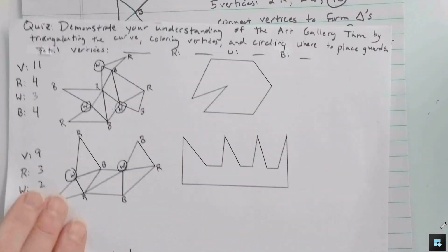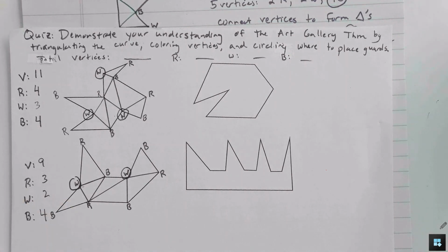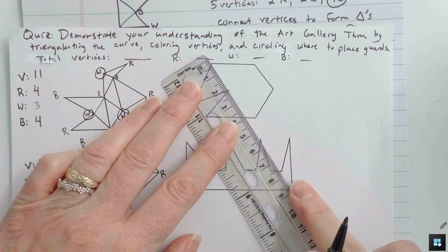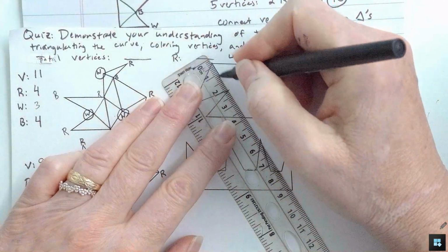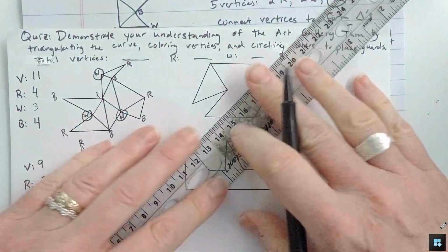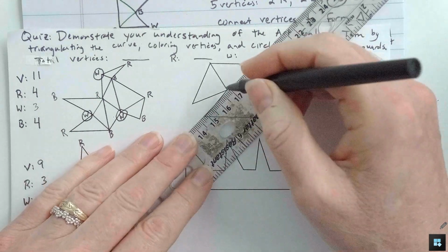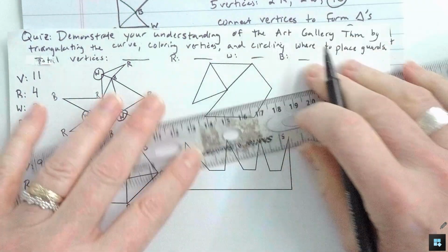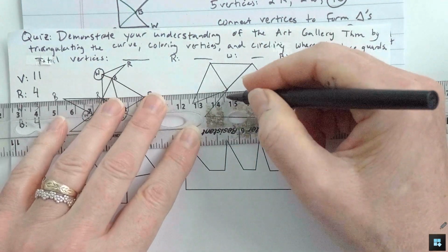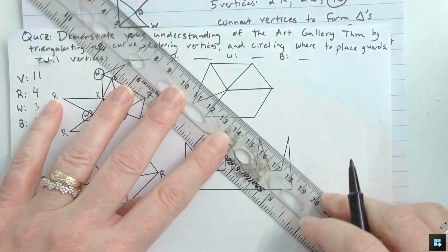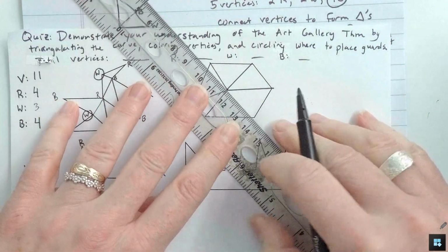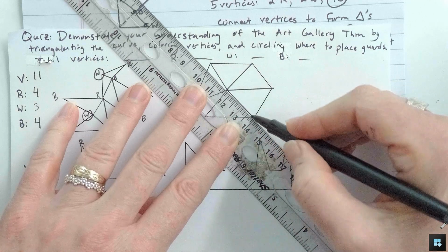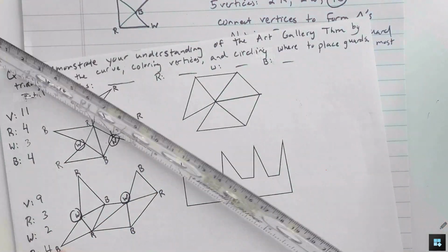I'll just go ahead and sketch these out. So just keep connecting vertices until everything is triangles. Nothing should be left that's not a triangle. Triangles have 3 sides.